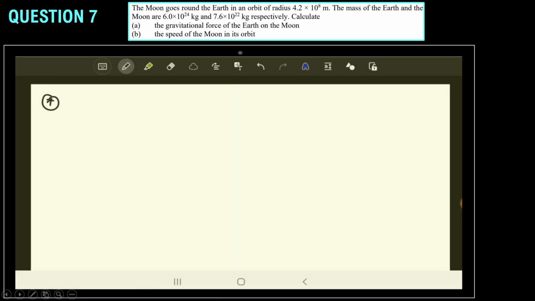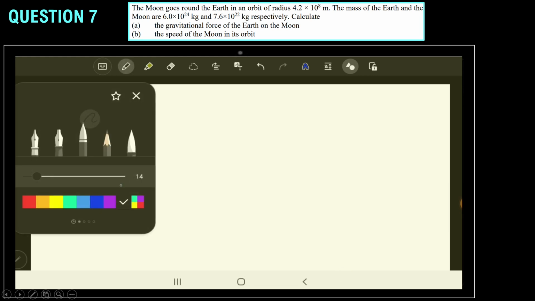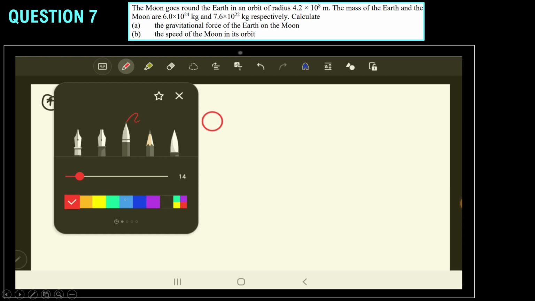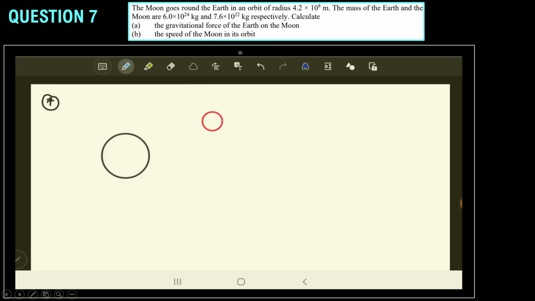Okay, question 7. The moon goes around the earth in an orbit of radius 4.2 times 10 power of 8 meter. So let's say we have the earth here, and this is the moon, somewhere there.